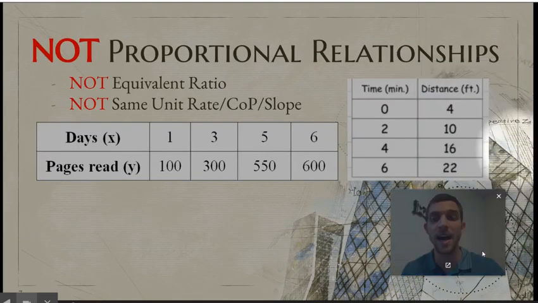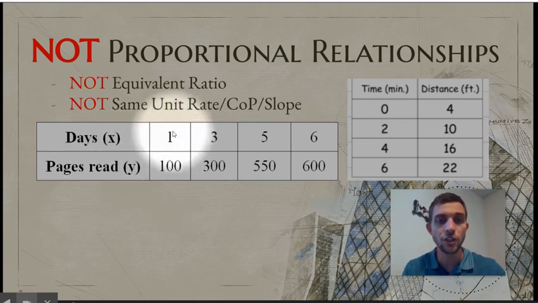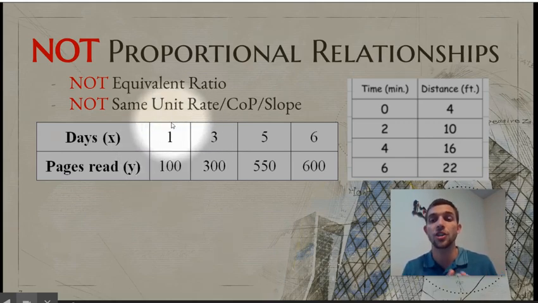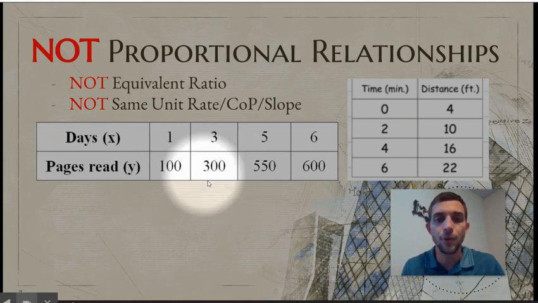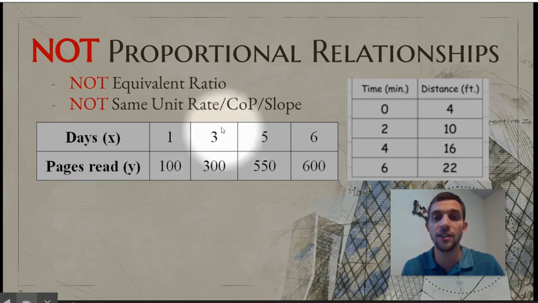Let's look at what is not a proportional relationship. Over here, my unit rate is 100 pages in 1 day. So we could say that our pages per day is 100. If we divide pages per day, 300 divided by 3, we get 100 pages in 1 day, which is the same unit rate.